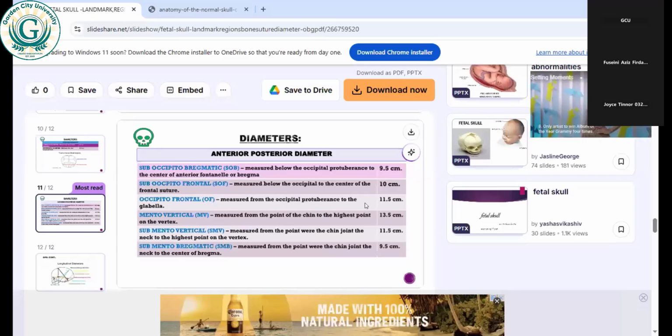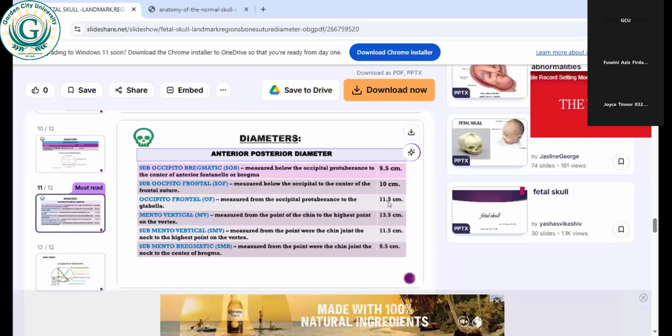It measures from the occipital protuberance to the glabella, and we learned that the glabella is the point between the eyebrows. So the occipitofrontal diameter, which is 11.5, measures from the occipital protuberance to the glabella.